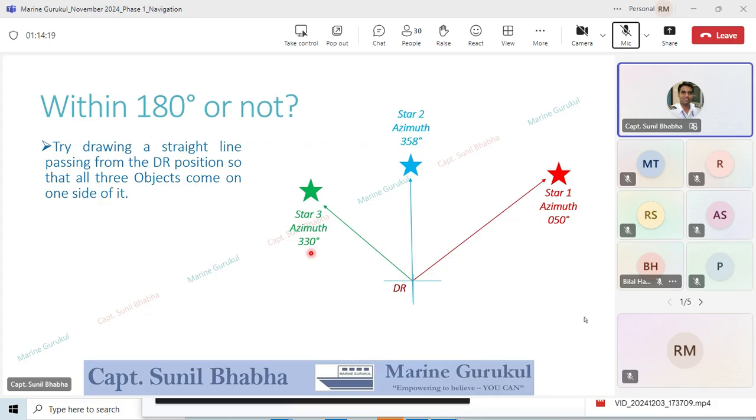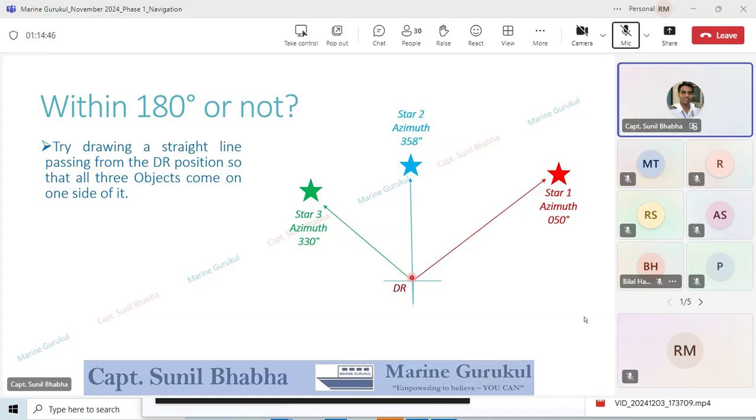Now, once you have made this simple diagram, having the DR position and having the three celestial bodies and their azimuth, now you try to draw a straight line passing from the DR position so that all the three objects should come on one side of it.